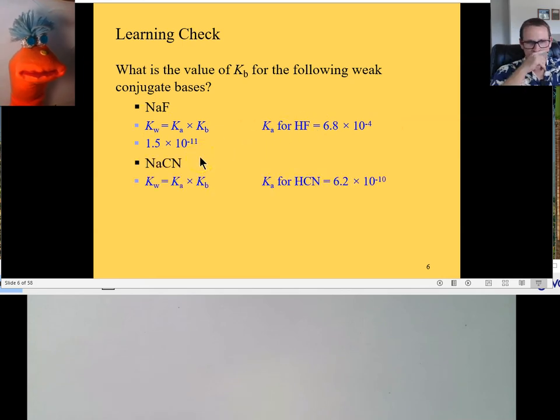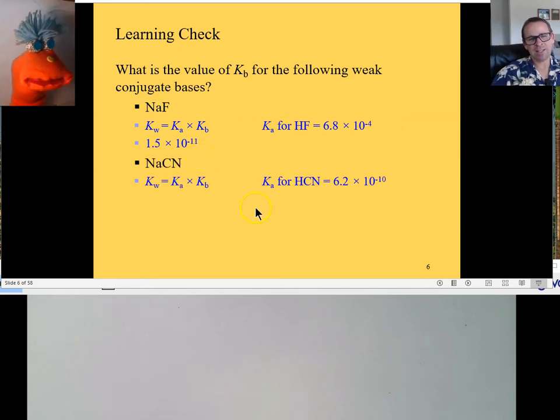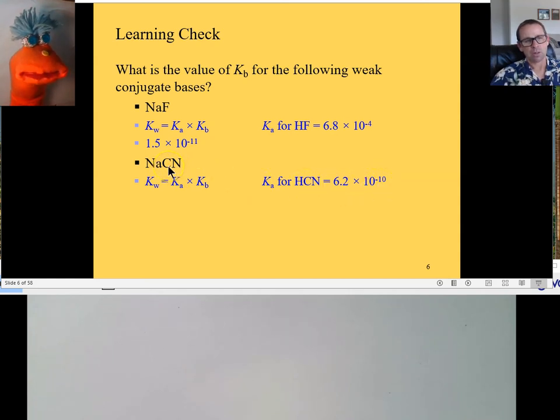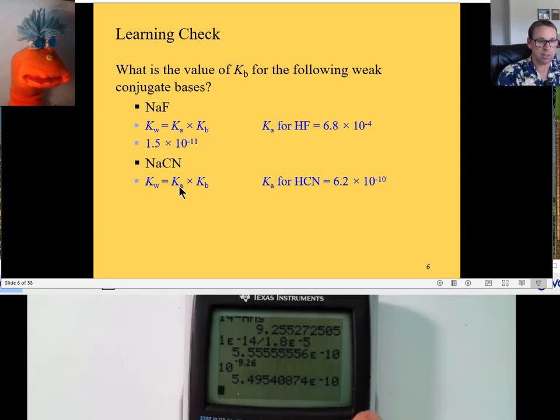How about this one? If hydrocyanic acid has a Ka of 6.2 times 10 to the minus 10, what is the Kb for the cyanide ion? I'll try it in my calculator. Okay, everybody at home, you try it in your calculator. Make sure you can get your scientific notation to work out okay.